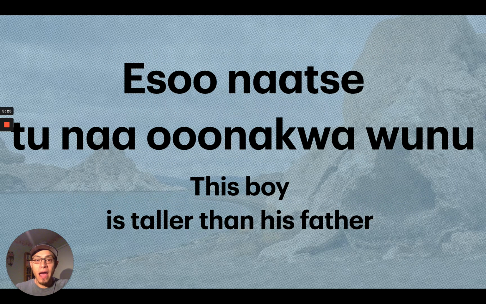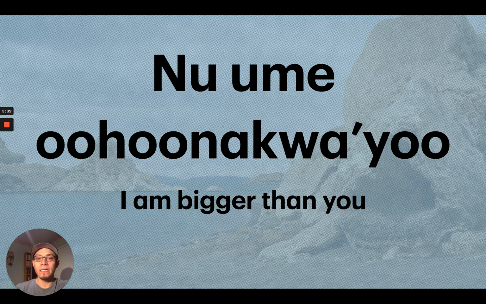Ishunatsi tuna unakwa un. This boy is taller than his father. Literally, un means to stand. So it's like this boy stands more than his father. Ne umi unakwa you. I am bigger than you. So in this case, bigger isn't really there. It's also implicit.